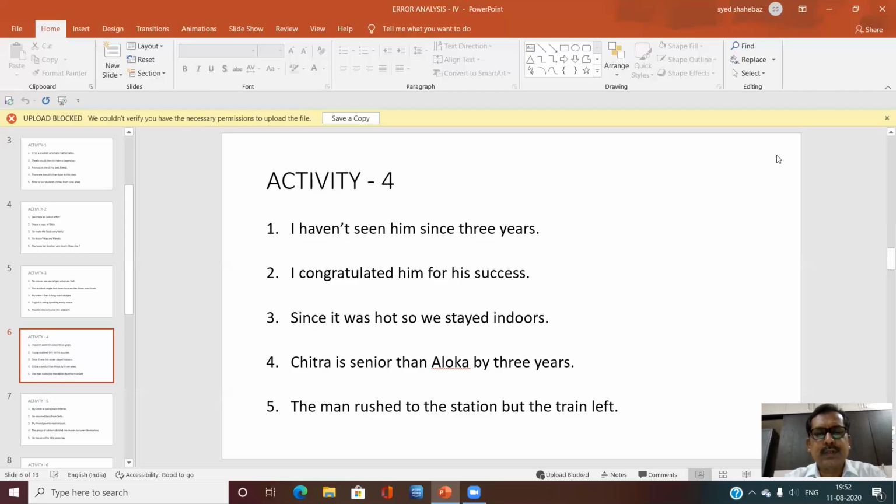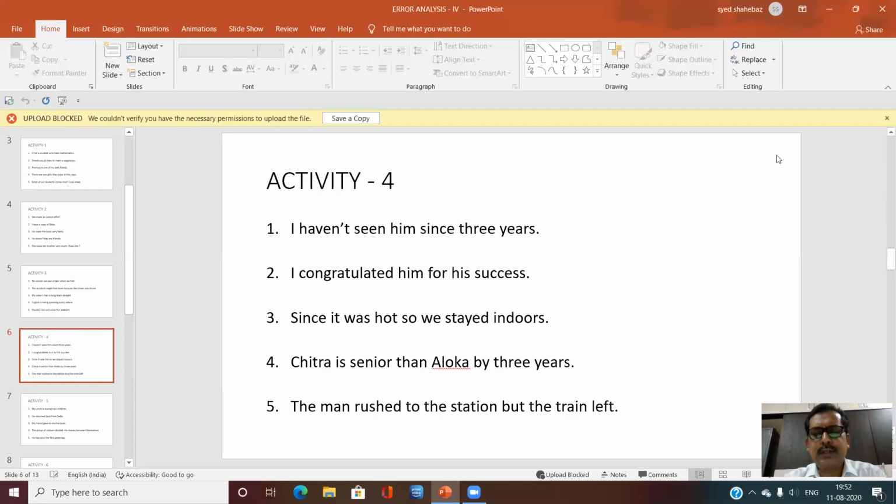Next, Chitra is senior than Aloka by 3 years. These adjectives like junior, senior, inferior, superior, prefer, these adjectives have come from Latin.